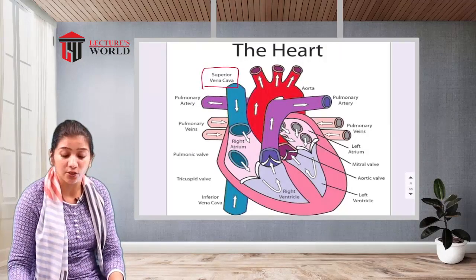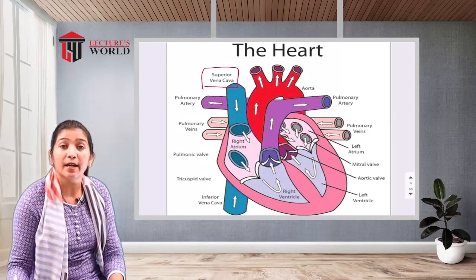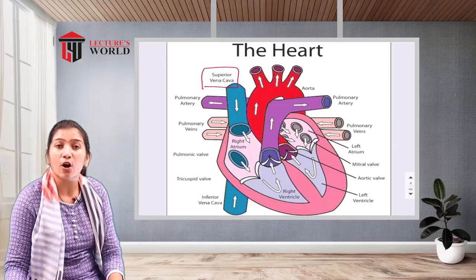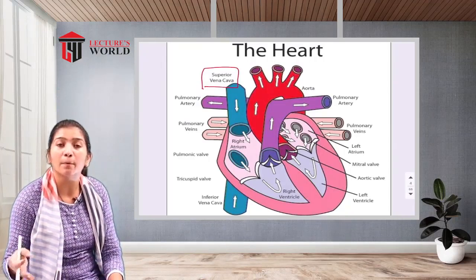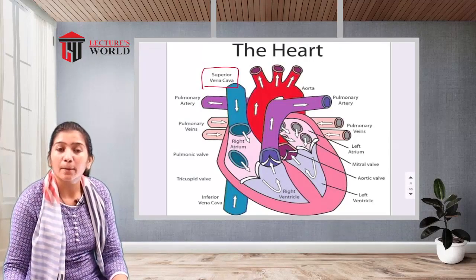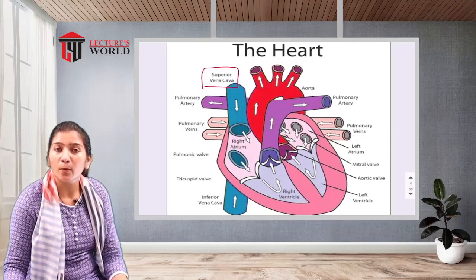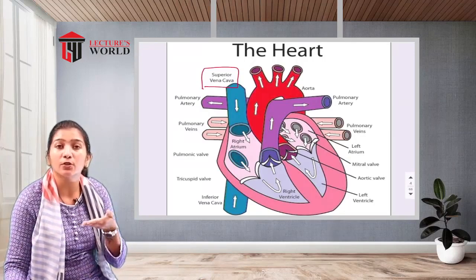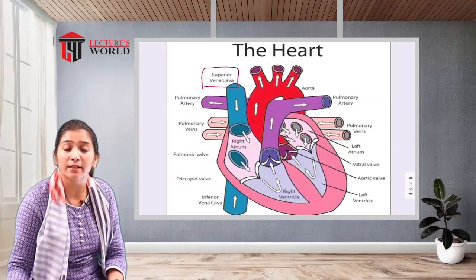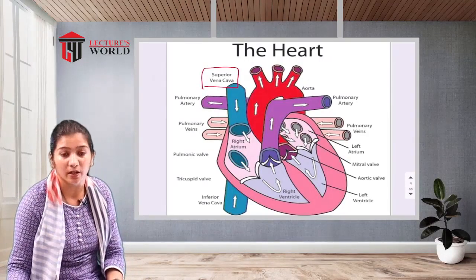It is situated at the upper side of the heart and collects the deoxygenated blood from the upper portion of the body, like the upper extremities, abdomen area, head and scalp.